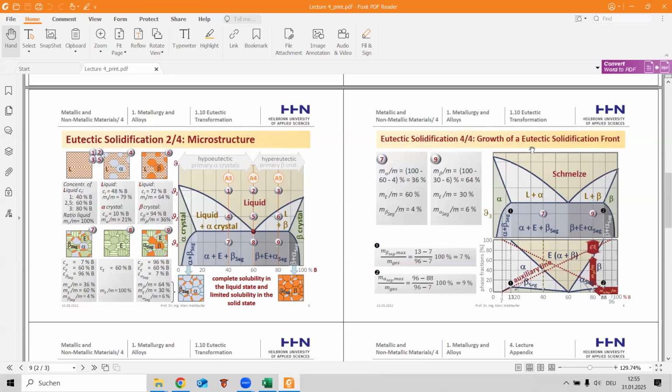So rows of eutectic solidification front. So here, M mass of alpha divided by M total 6%. Eutectoid divided by M total 60%. And M beta segregation divided by M total 4%. And it's similar for point 9 for beta crystals and alpha segregation.